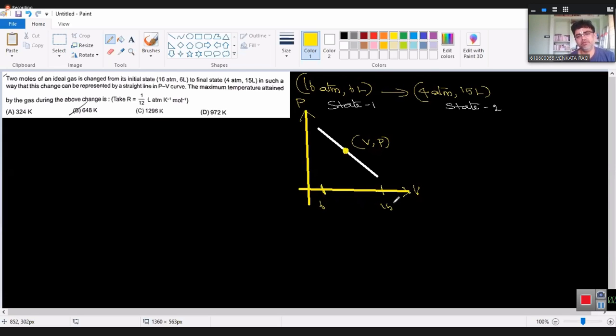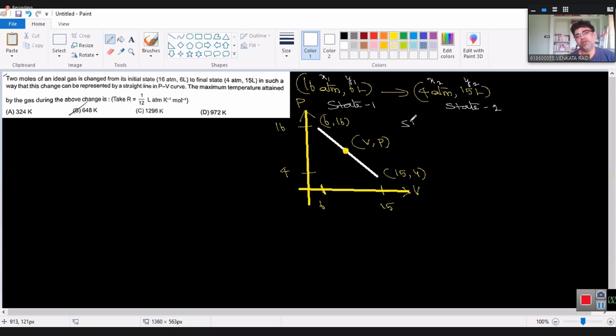The pressure here is 16 atm and here the pressure is 4 atm. Here the coordinates are 6, 16, and here the coordinates are 15, 4. Let these be x1, y1 and x2, y2.